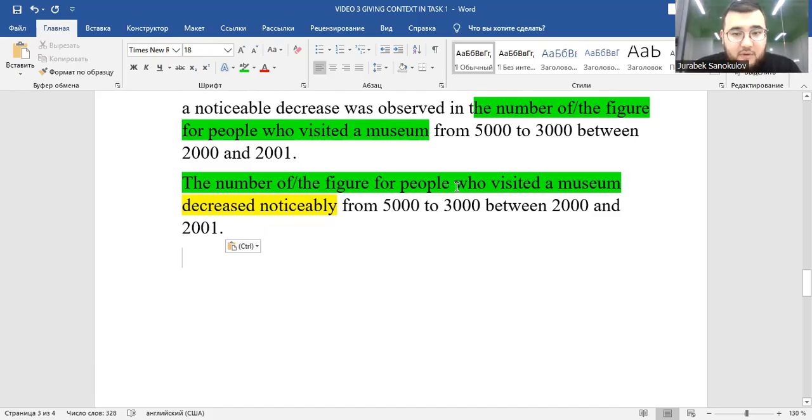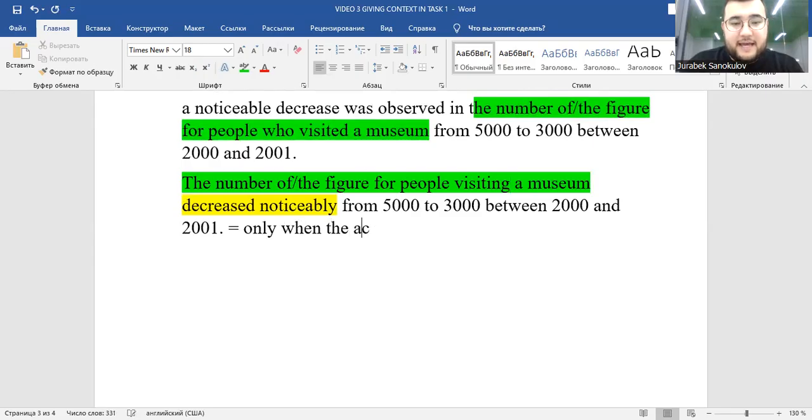The number of people, we omit the relative clause and say visiting. The number of people visiting a museum. This is only when the action is in an active tense. That's how you do it.